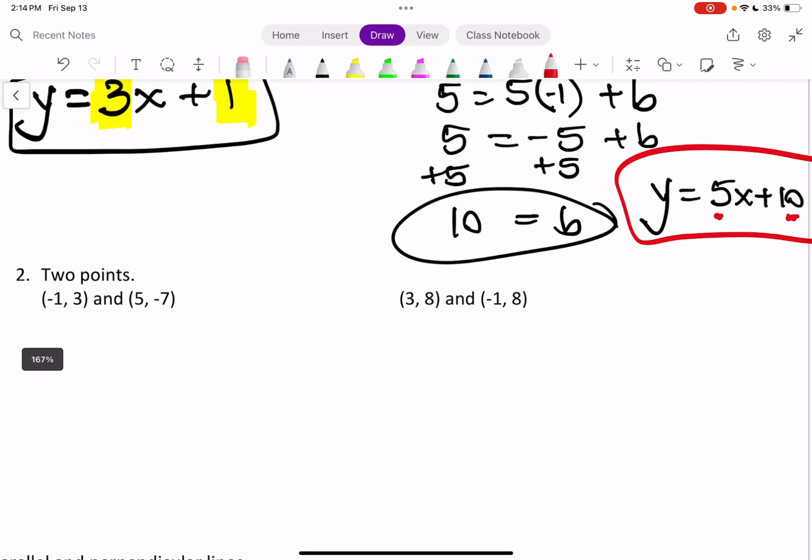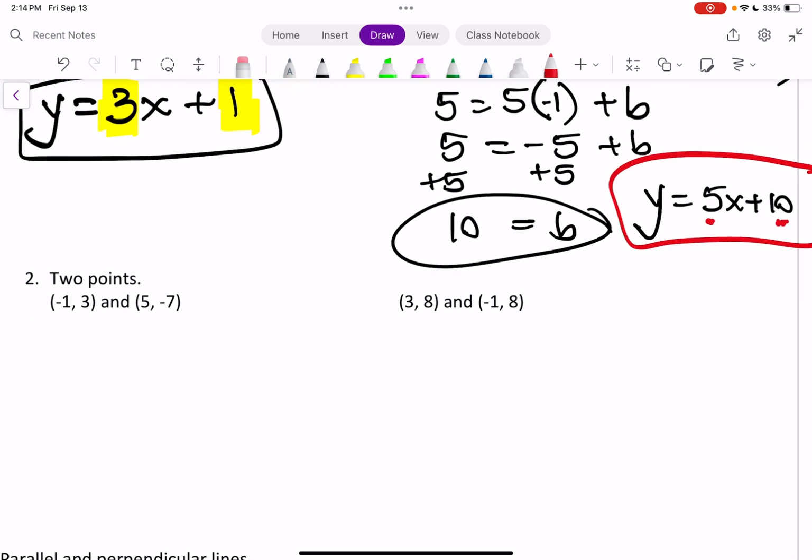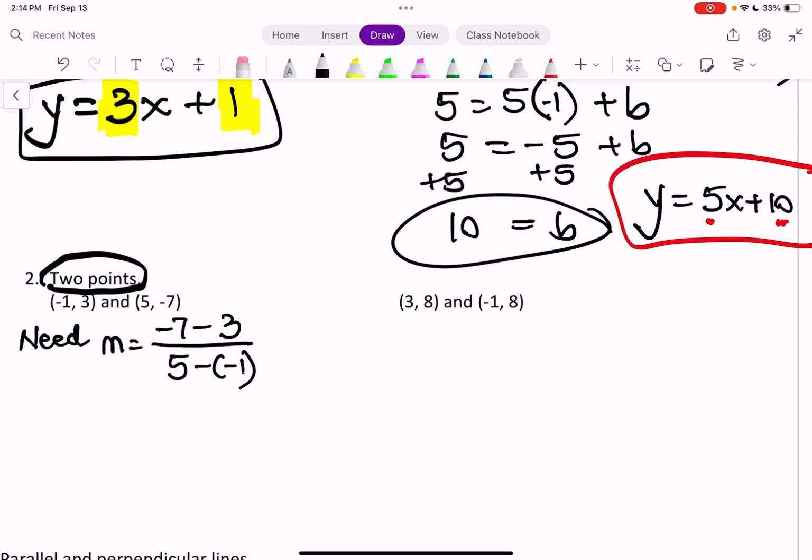So here it is. As you see, if I am given 2 points, I don't know m and I don't know b. Well, let's find the m first. With 2 points, however, we already have talked about how to find the slope.